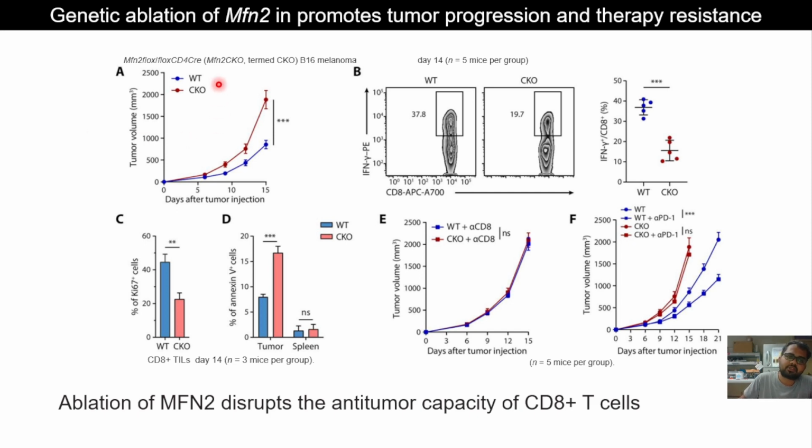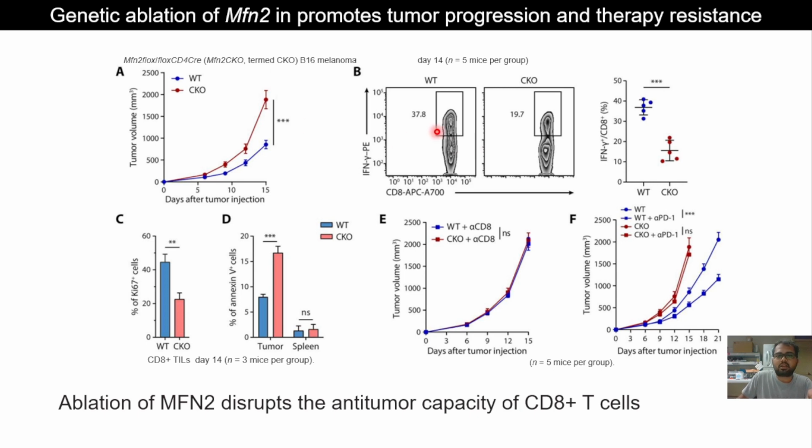But when they checked it in knockout mice, there is an increase in the tumor growth when they knocked out the expression of MFN2 in both CD8 and CD4 here. So there is an increase in the tumor growth, which suggests that either CD4 or CD8, either both or single cells, immune cells are involved in this tumor regression basically.